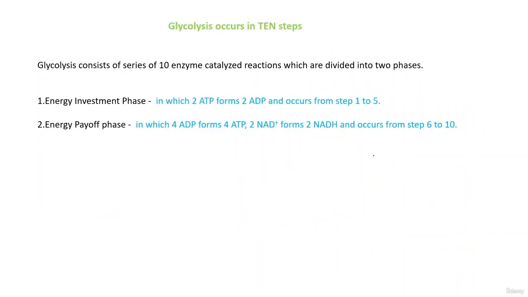So let's see the reaction. The whole process from glucose to pyruvate occurs in 10 steps. These 10 steps are divided into two phases. One is the energy investment phase in which 2 ATP are used, and it occurs from steps 1 to 5.